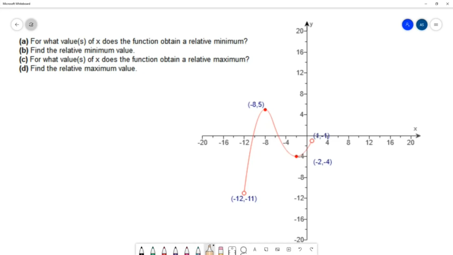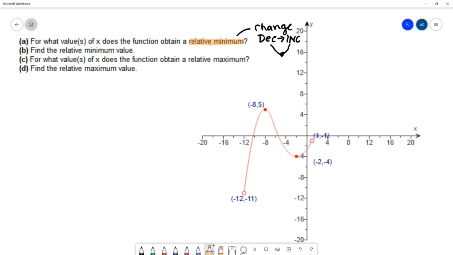So in our book, the way that a relative minimum is defined is noticing a change from decreasing to increasing. So if we look at our graph and find a change from decreasing to increasing, that's going to create a minimum value.